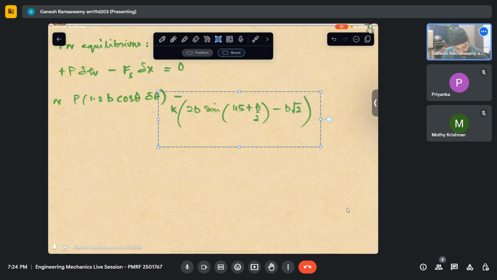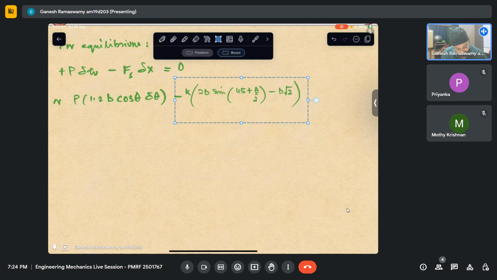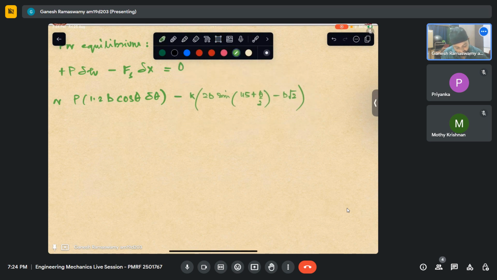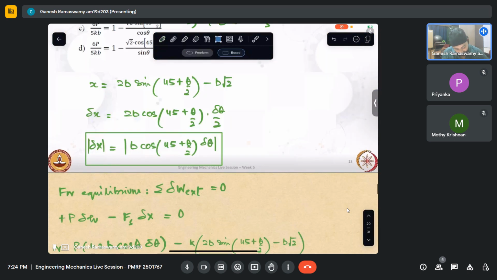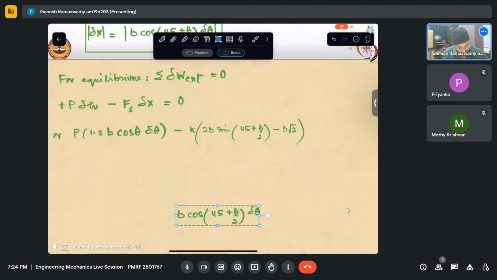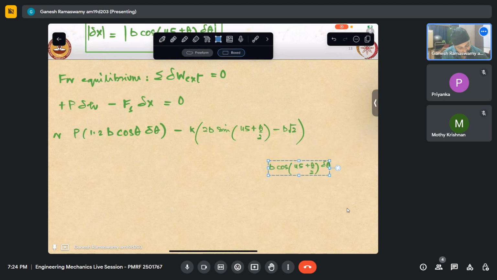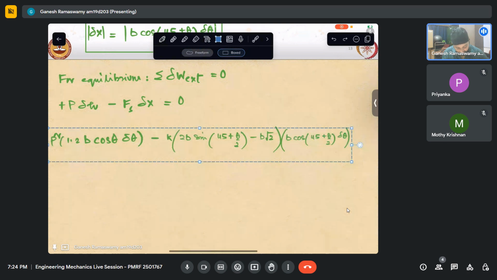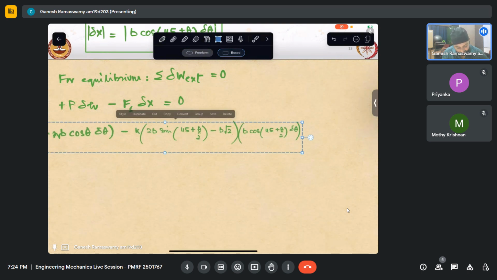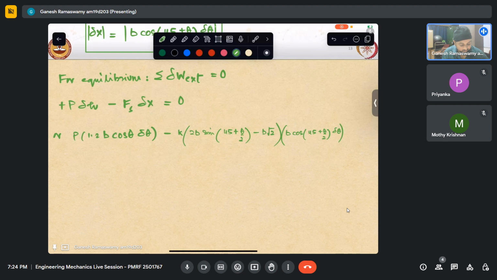This is Fs into delta x, and we have got delta x over here, into delta x equal to 0. This entire thing is the total virtual work contribution of all the active forces in the system, and this goes to 0. Now it's just a matter of solving this.